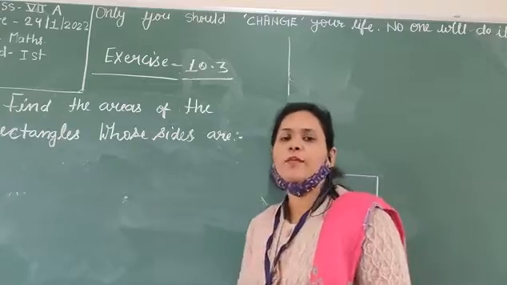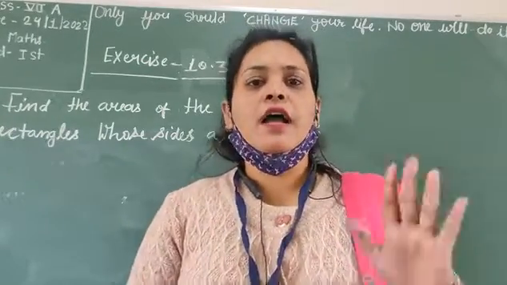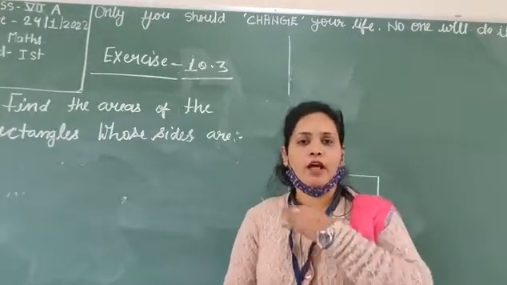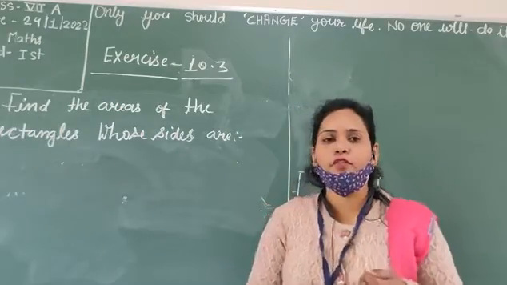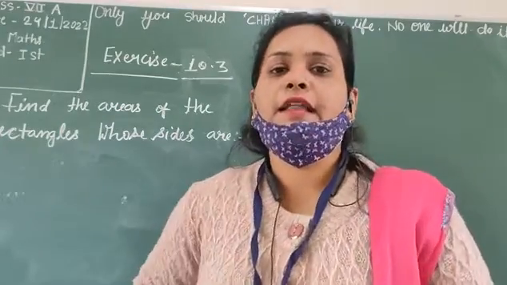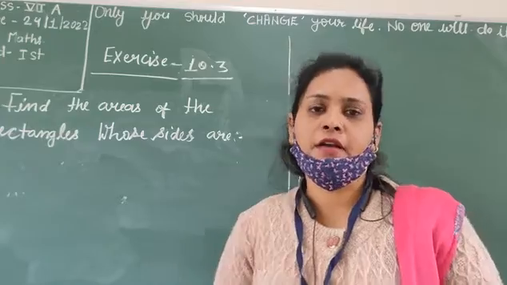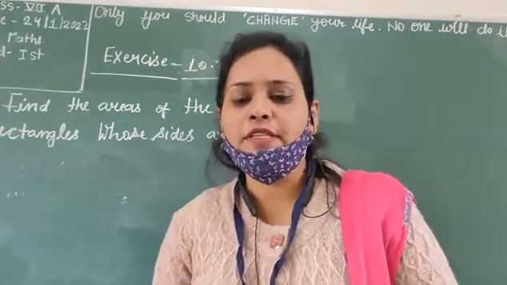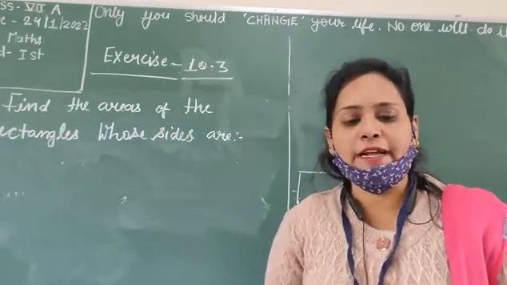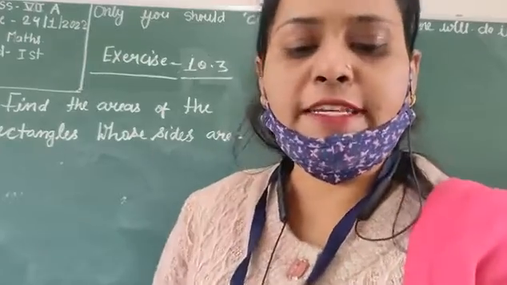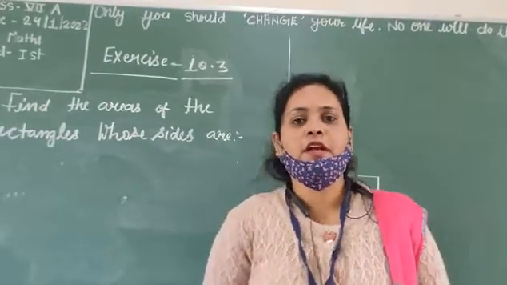In this question we have to find the area. What is the formula for the area of a rectangle? Length into breadth. The sides given are 3 cm and 4 cm.